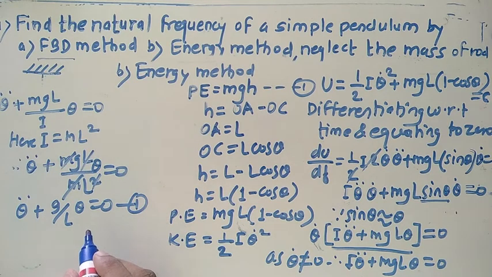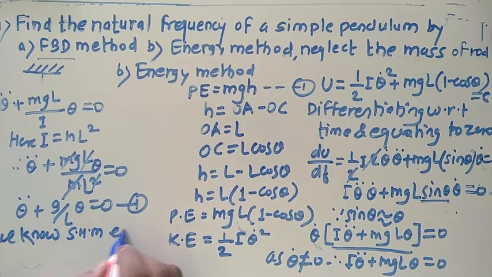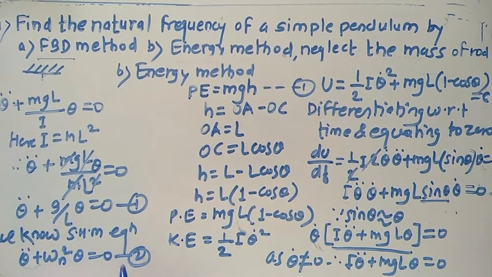So you have to just compare this relation with the SHM equation. We know the SHM equation: theta double dot plus omega n square into theta equals 0. Equation number 2 with us.